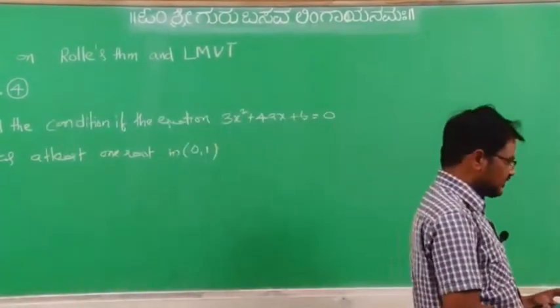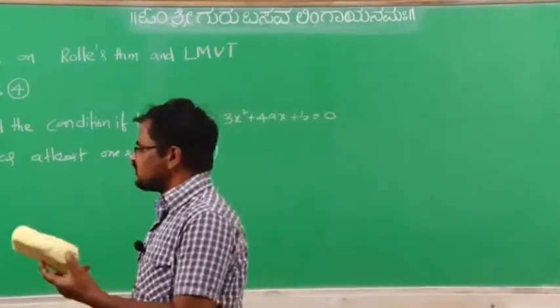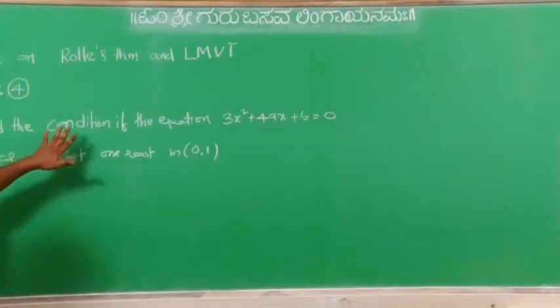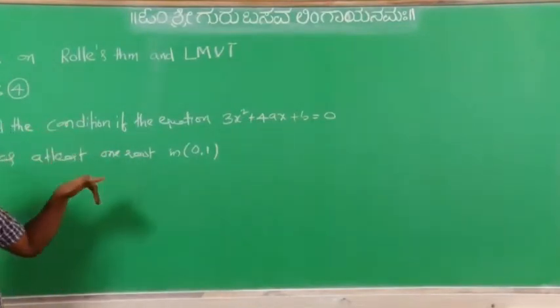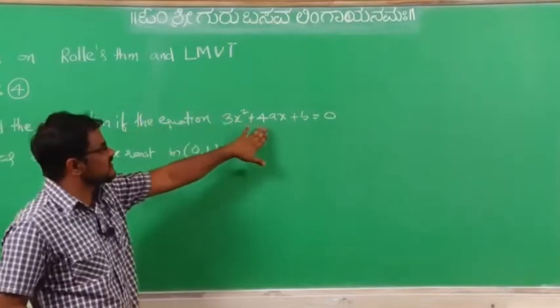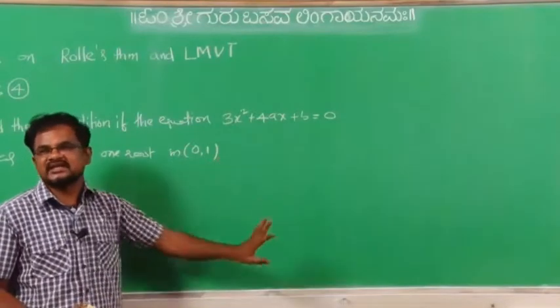Already we did in Rolle's theorem applications one problem based on this concept. Here, find the condition; in the earlier problem the condition was given, but here it is not given. Find the condition if this equation has at least one root in this interval.